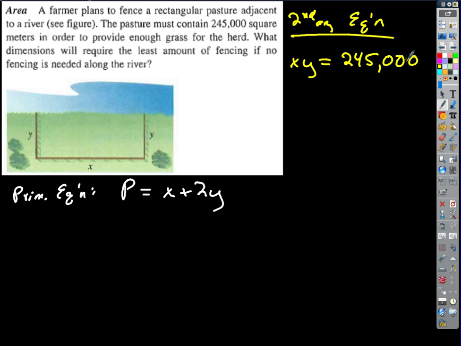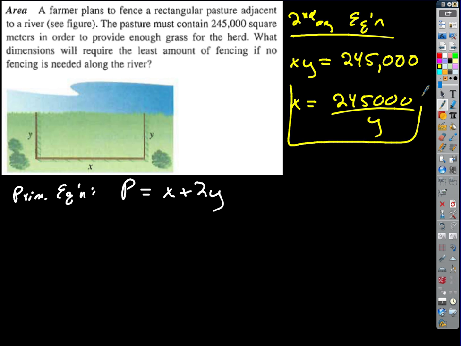So x times y equals 245,000. It's not a huge consideration here, but which one do we want to substitute for? Pretty even in this case, but slight edge to x because there's a 1x there and 1x there, right? Probably just a little bit easier. So if I solve for x, I just get 245,000 over y, so we put a box around it, and there's our substitution equation, right?